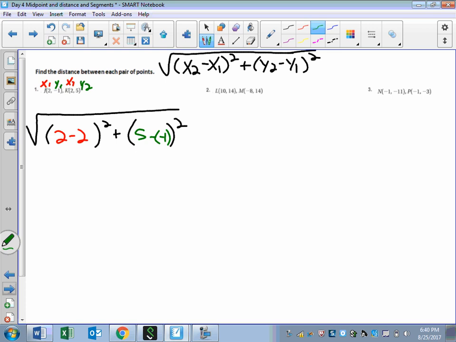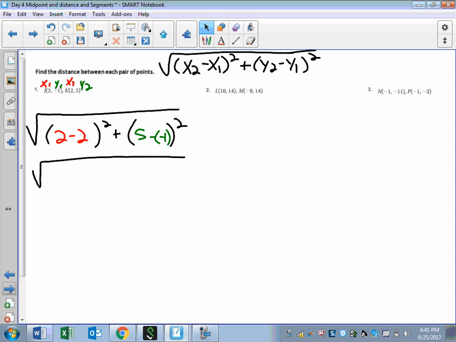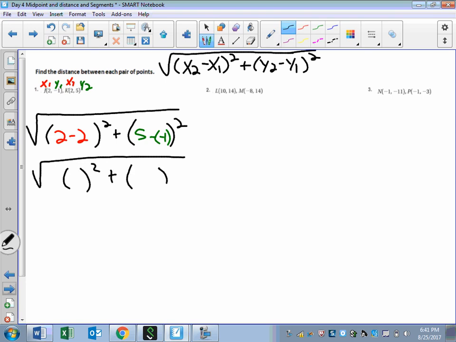Okay, so we got 2 minus 2, and we got 5 minus -1. Well, that's going to be 0, and 5 minus -1 will turn to 5 plus 1, so that's going to be 6.